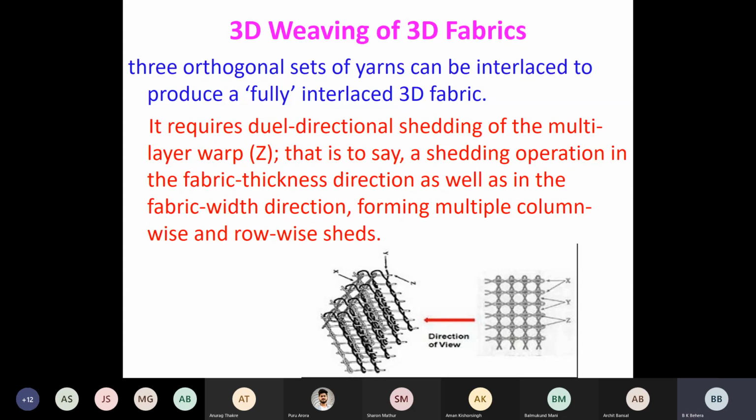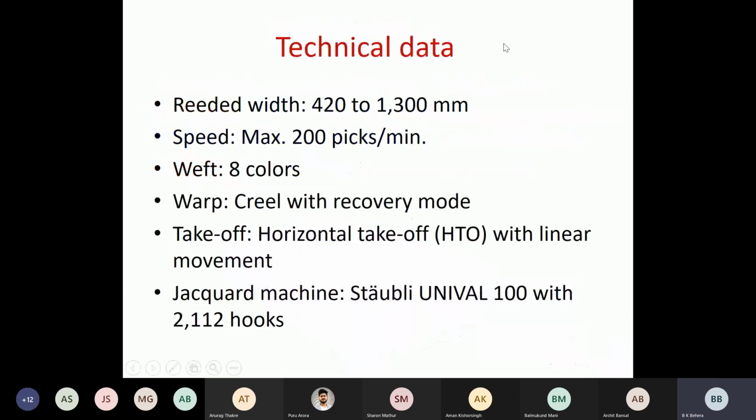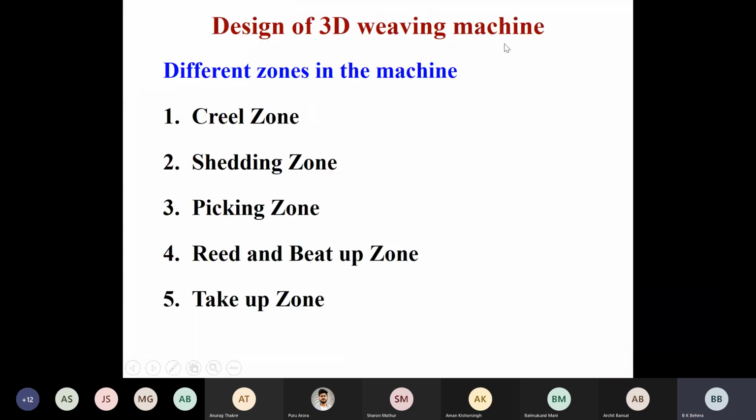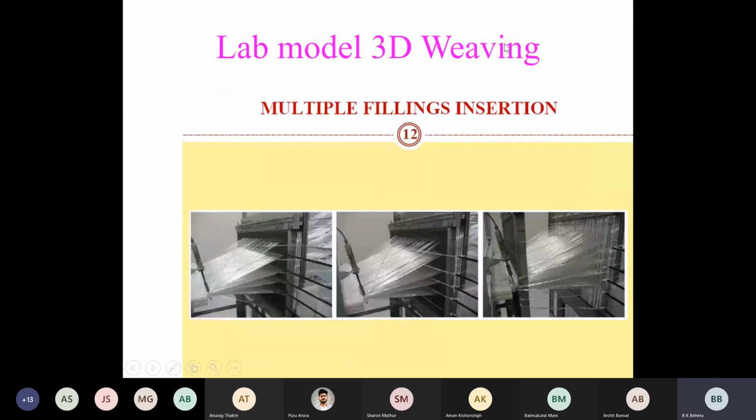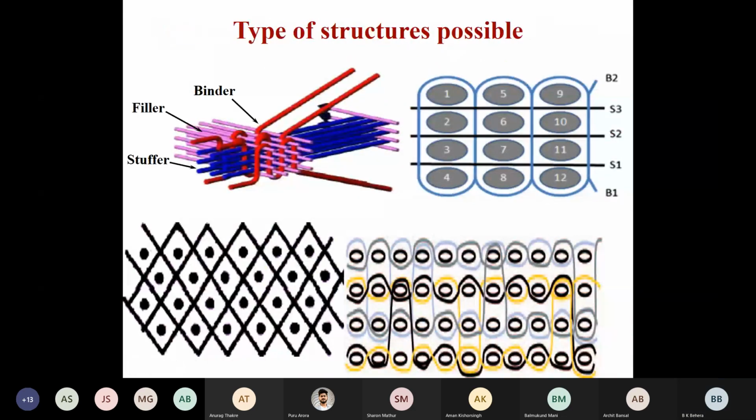In the previous one, which was called 3D fabric on 2D weaving system, we were taking 2 warp, 1 weft. Try to understand. In 3D fabric on 2D weaving system, we have 2 warp.